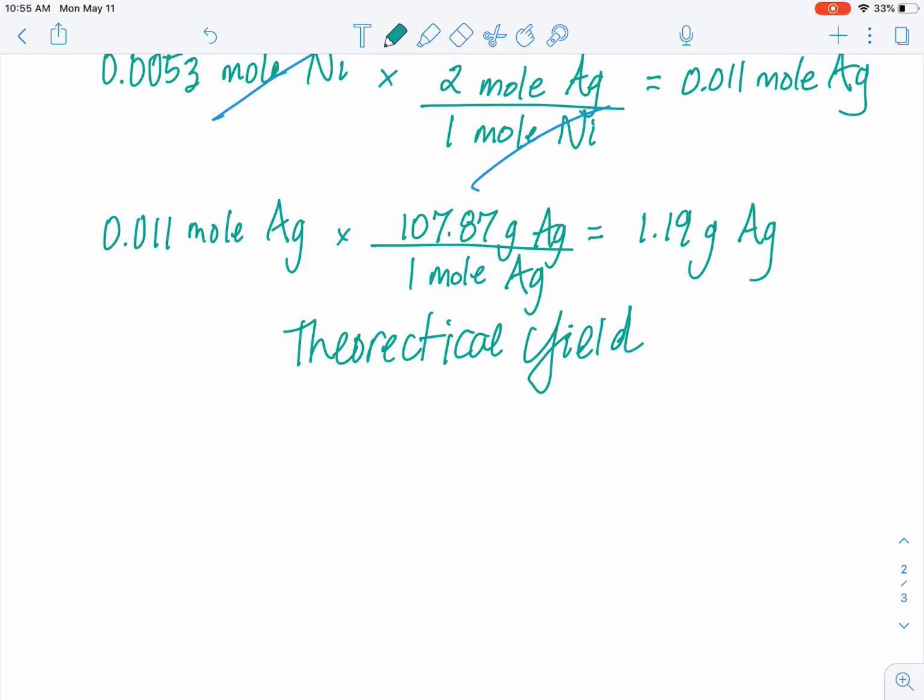Perhaps you didn't fully react all of the nickel in the silver nitrate solution, or didn't wait long enough. Who knows? Maybe you mismeasured the initial mass of the solution.